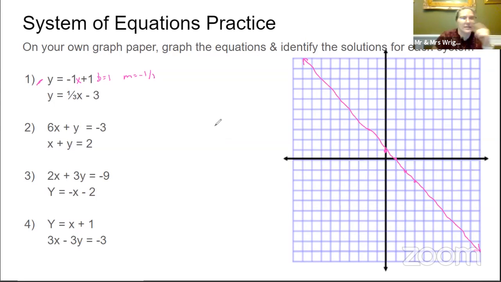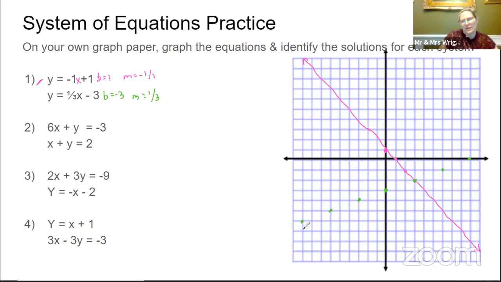Let's look at the second equation. y equals 1/3 x minus 3. I know that b is -3 and m is going to be 1/3. So -3 for b means that my y-intercept is going to cross right here at -3. And I know I've got a positive 1/3 as my slope. And I can also reverse that, go down and to the left because two negatives make a positive.